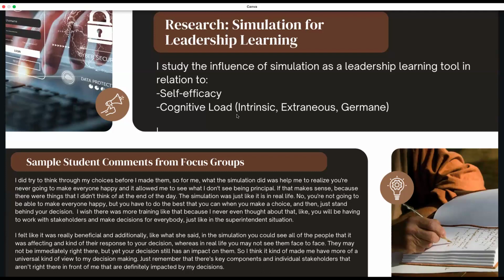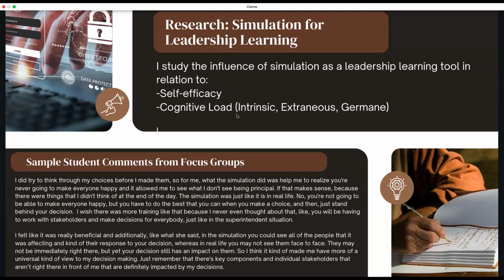And like I said, all the studies that I have done thus far have been with students who are in principal preparation programs, and they're all at different points in their program. Some studies have included students who are in their first semester. Some studies have included students who are anywhere in their program, and then some students are currently in their practicum or internship in their last semester before graduation.